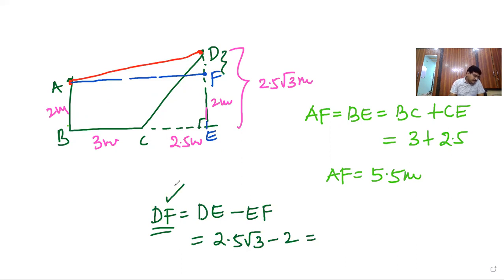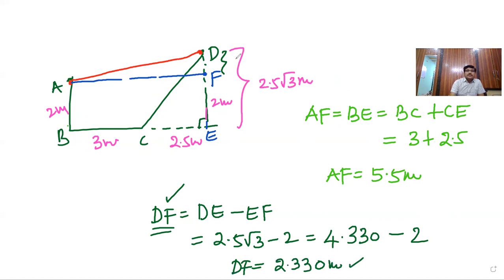Clear? That's what it is. Okay. Now, if I simplify, 2.5 root 3 becomes 4.330, minus 2 meters, which becomes DF is 2.330 meters.